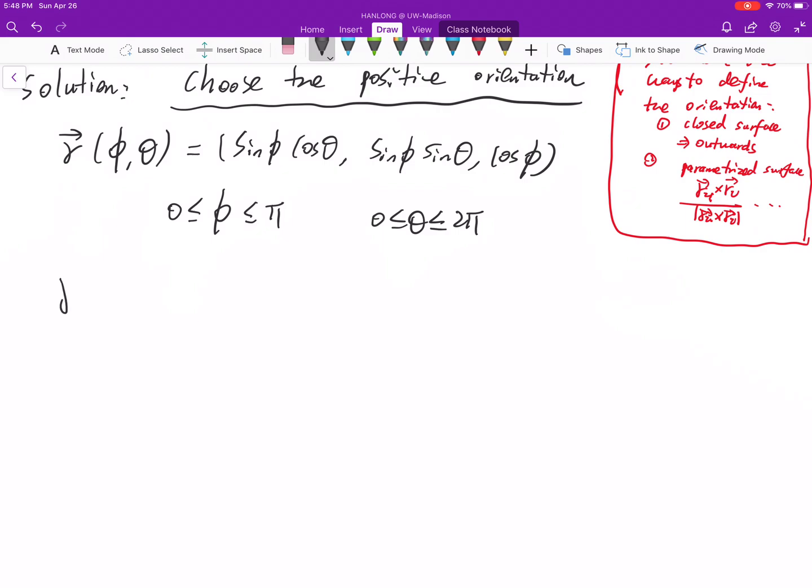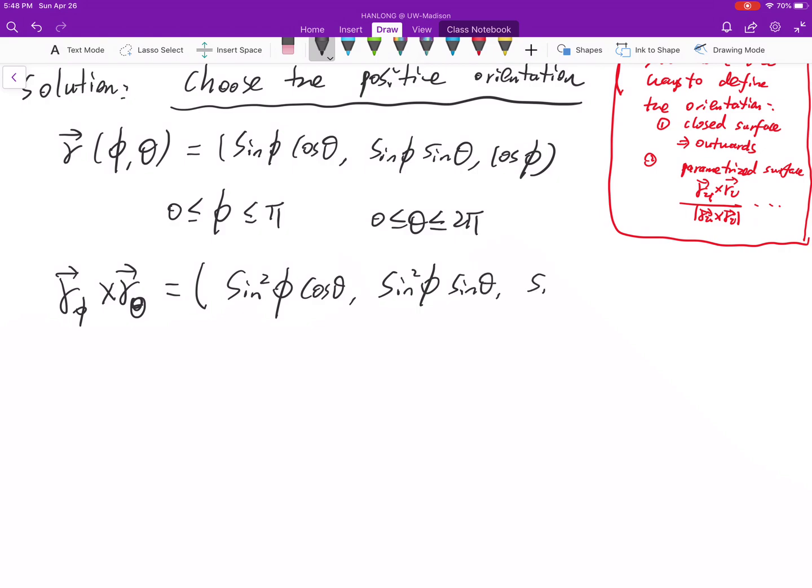first let's compute the cross product. We actually computed this before, so I will just write down the answer: sine squared phi cosine theta, sine squared phi sine theta, sine phi cosine phi. And I will make a remark.